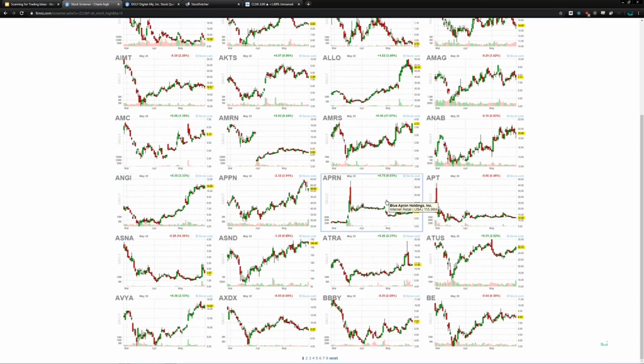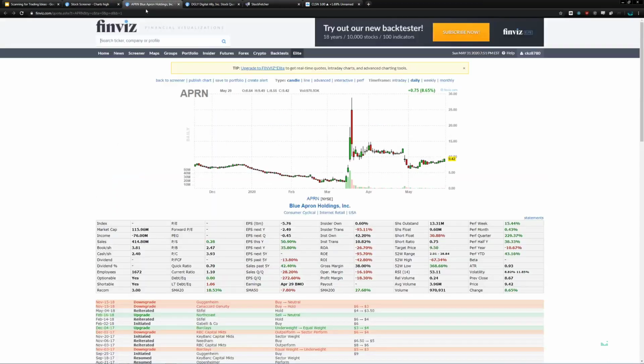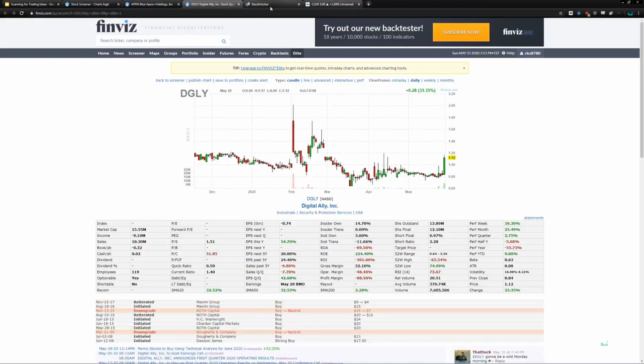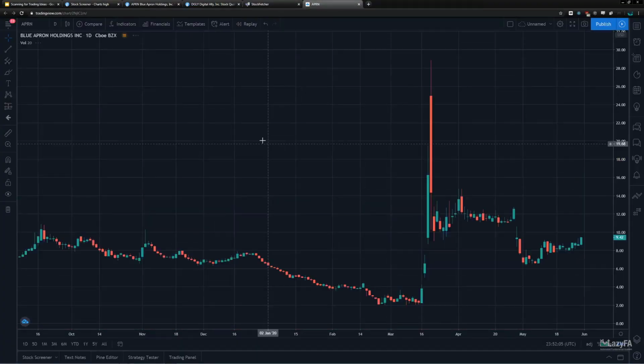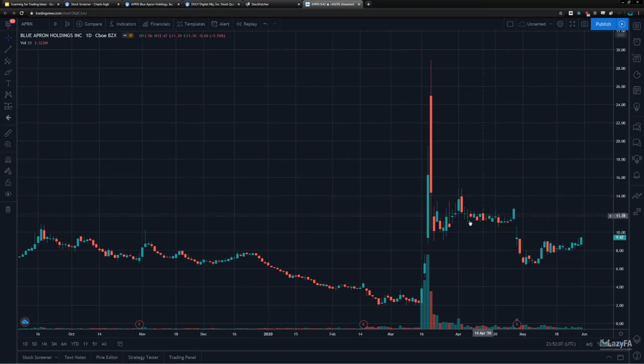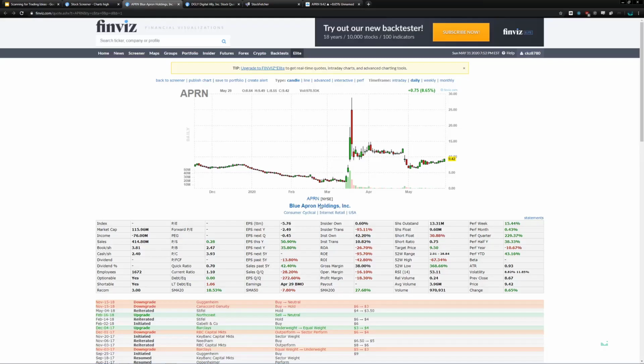So a stock like Blue Apron here, this is actually a really nice pattern. Let's pull this up on TradingView. And what's the volume like on this? Average volume of 4 million shares, so that's nice. But look, it's got almost 31% short interest, and it's only 9.6 million shares in the float.